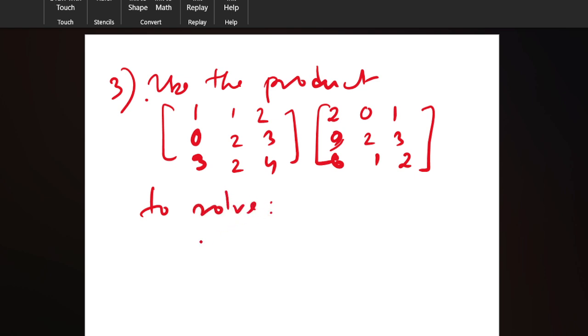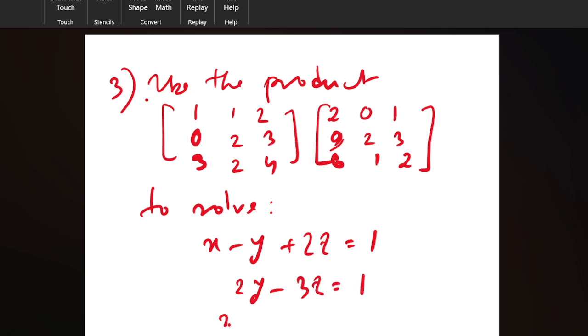Solve x minus y plus 2z equals 1, 2y minus 3z equals 1, then 3x minus 2y plus 4z equals 2. So this type of question, you can solve this system of equations by using this product of matrices.